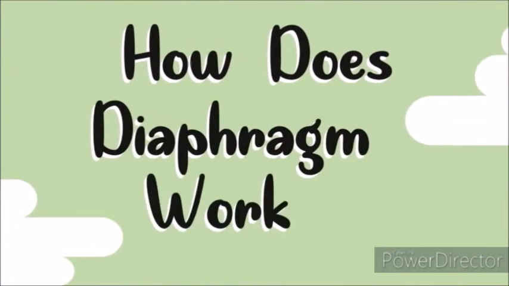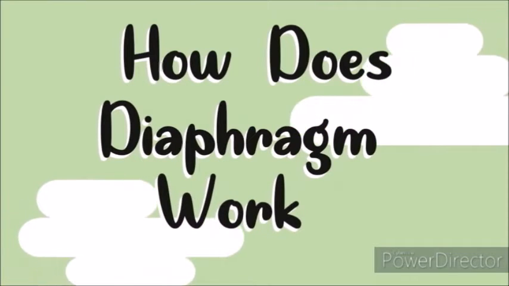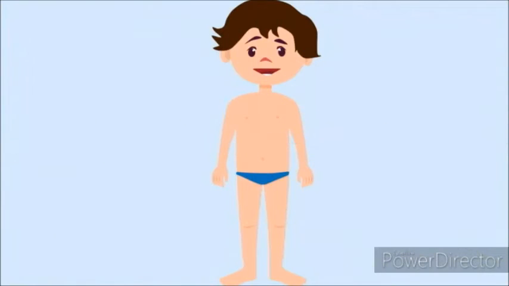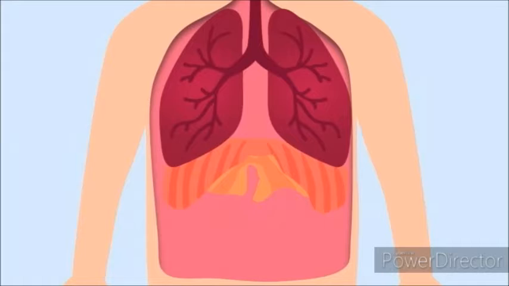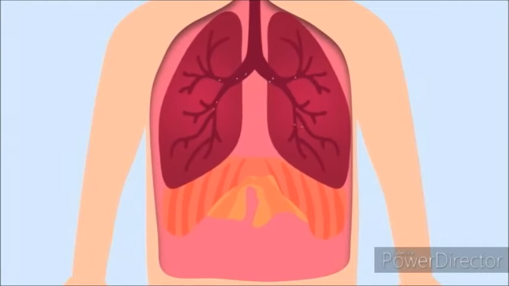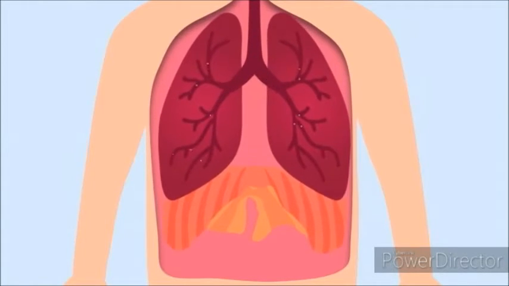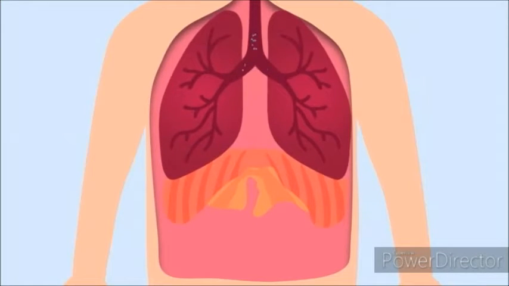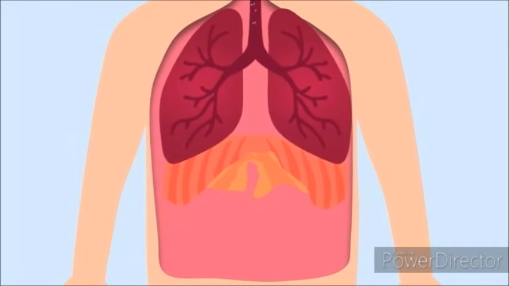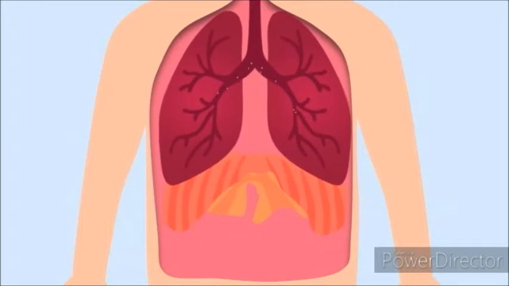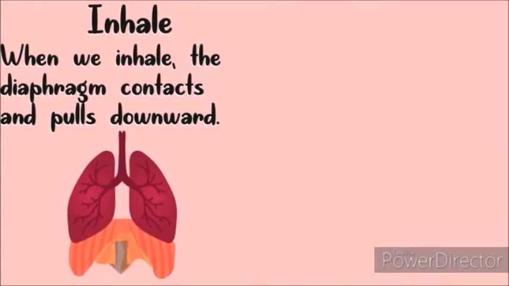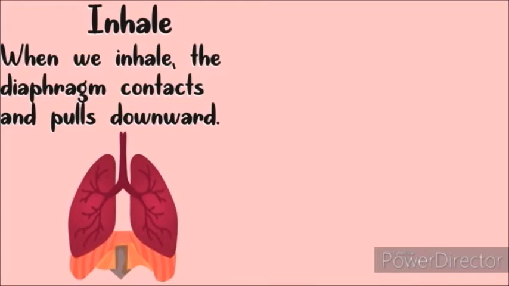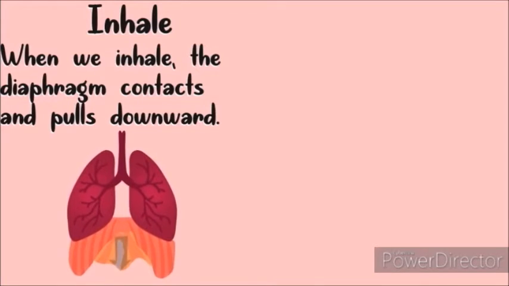Now, let us describe how the diaphragm works. During respiration, the diaphragm flattens out and pulls forward, making more space for the lungs. When we breathe in or inhale, the diaphragm contracts and pulls downward.